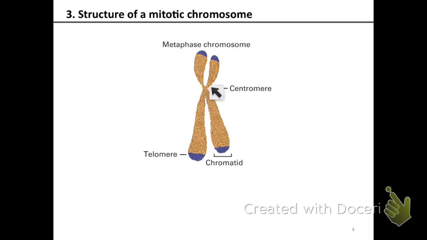The region of the chromosome which attaches to the mitotic spindles is called the centromere, and is required for segregation. So at this stage of the cell cycle, why are we seeing this structure? Are we looking at one chromosome or two chromosomes?